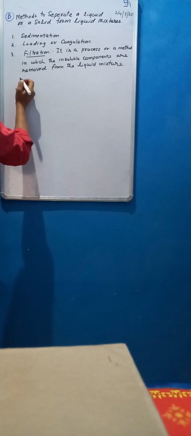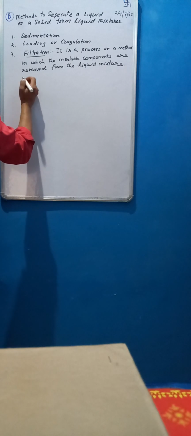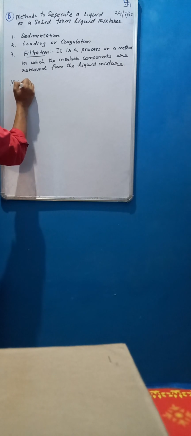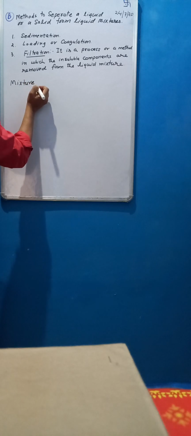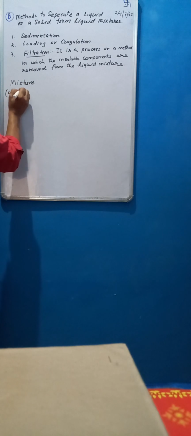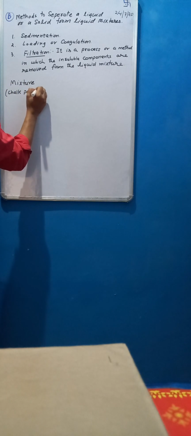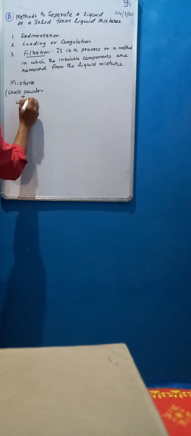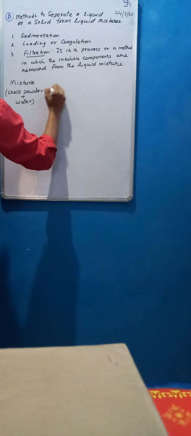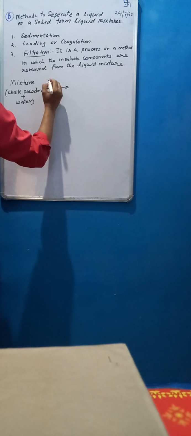So how to write this in equation form? First we have a mixture. What do we have in this mixture? We can have chalk powder plus water. Chalk powder is solid and water is liquid. From this mixture, the method is filtration.